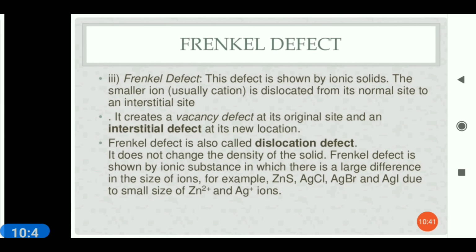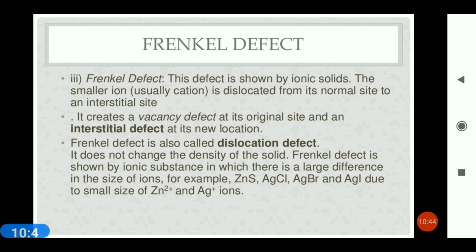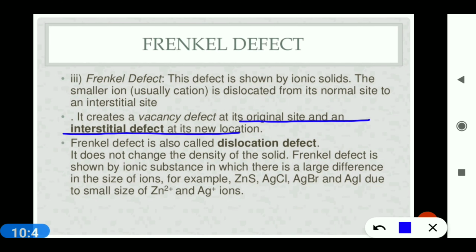So it creates a vacancy defect at its original site and an interstitial defect at its new location. This is why the Frenkel defect is also known as dislocation defect. It does not change the density of the solid, because the cation and anion are not moving out of the crystal, but are within the crystal.